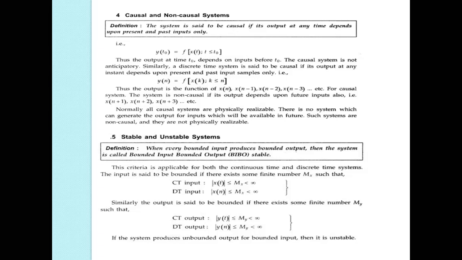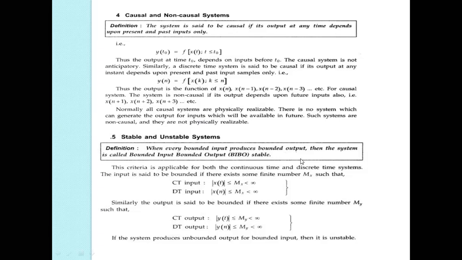You can anticipate it. But systems depending on inputs which will be available in the future are non-causal systems, and they are not physically realizable. Which is physically realizable, we call a causal system. Which is not physically realizable, we call a non-causal system, because it depends upon the future inputs.